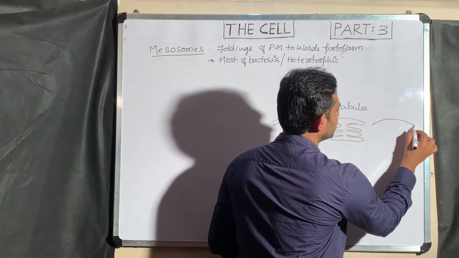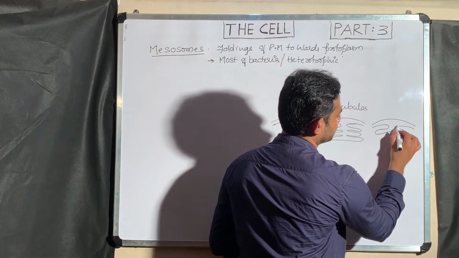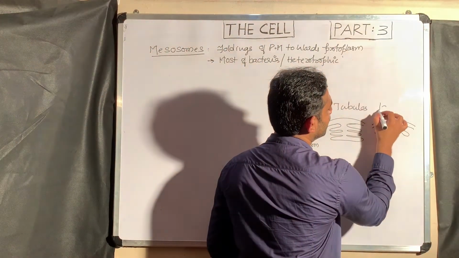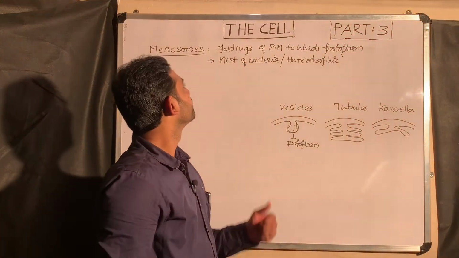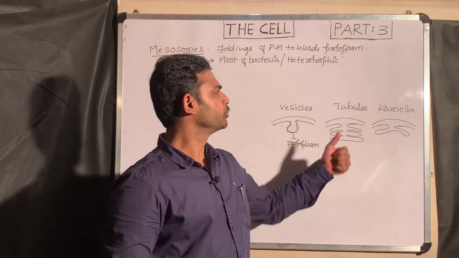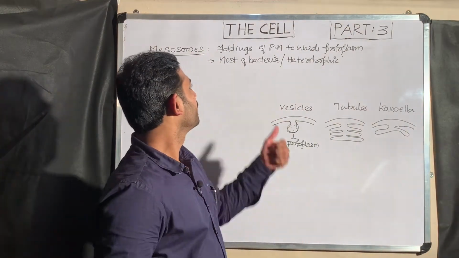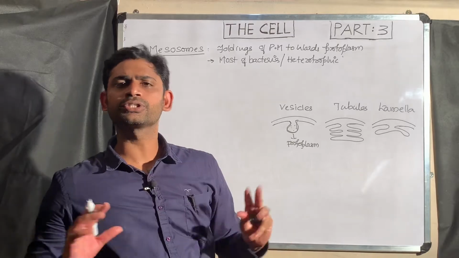For example, here is the cell wall, here is the cell membrane, and these are called lamellae. What I mean is, these mesosomes are in different forms like vesicles, tubules, lamellae. They are towards the protoplasm, associated with most of the bacteria.